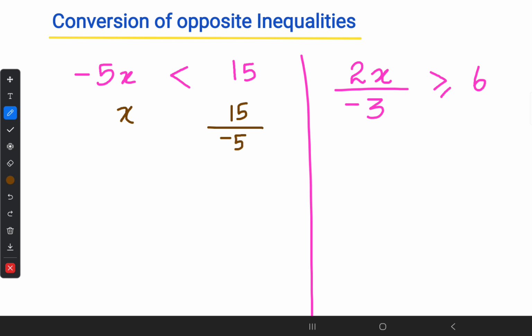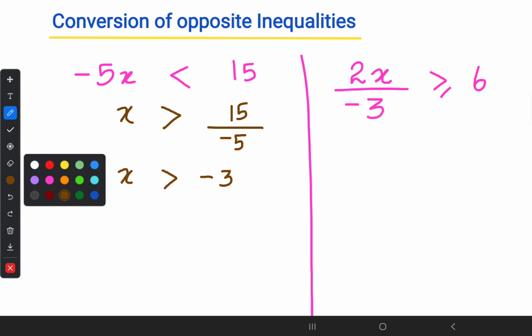When you bring a negative number to divide or multiply, the existing inequality will change to its opposite direction. Previously it was less than, but now it became greater than. So x is greater than, simplifying this, negative 3. Thereafter you can solve the inequality.